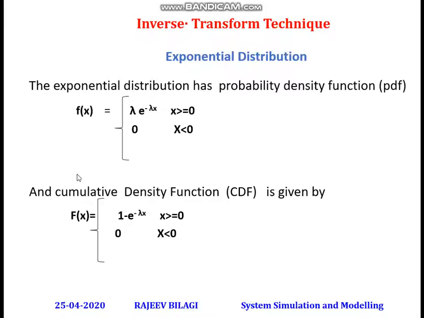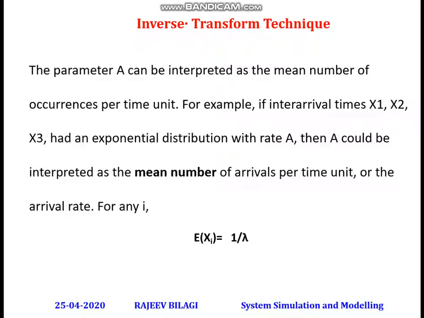And at the same time, the cumulative distribution function can be given as capital F of x equal to 1 minus e to the power of minus lambda x when x is greater than or equal to 0, and 0 when x is less than 0. With this particular knowledge of PDF and CDF, now we'll see how these inverse transform techniques can be used.